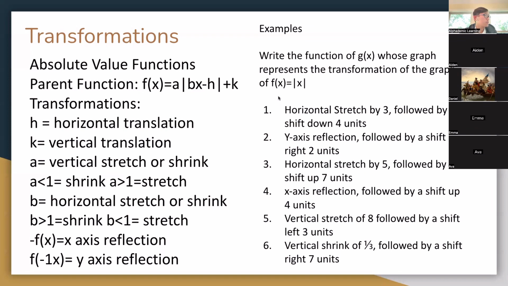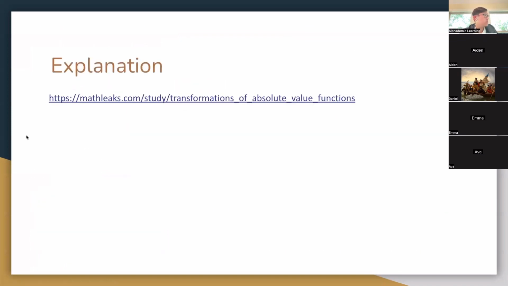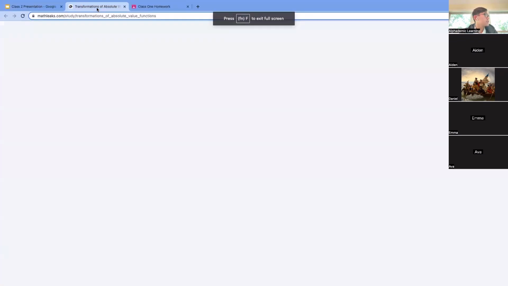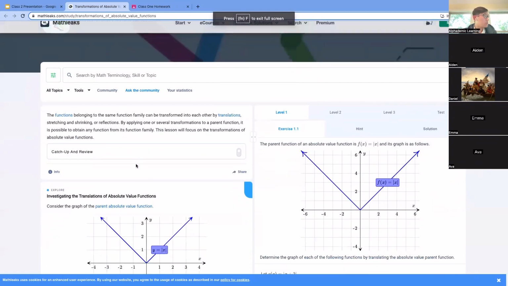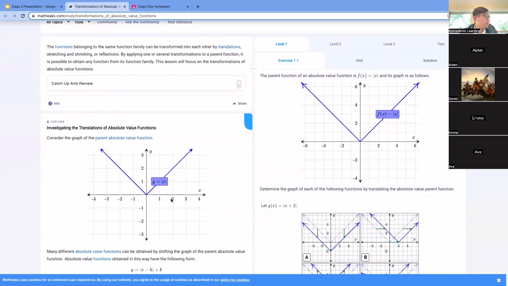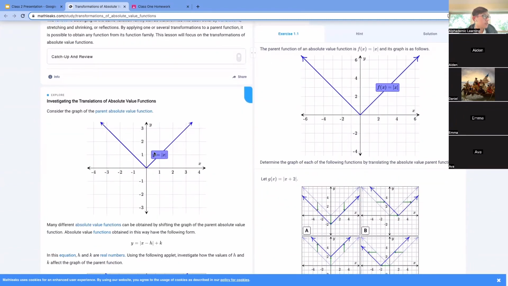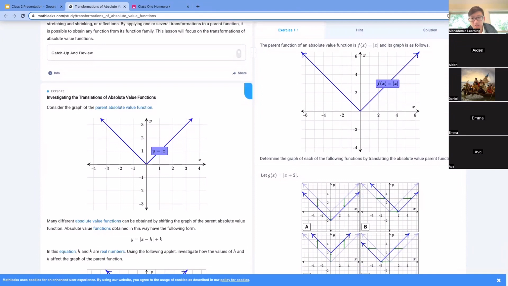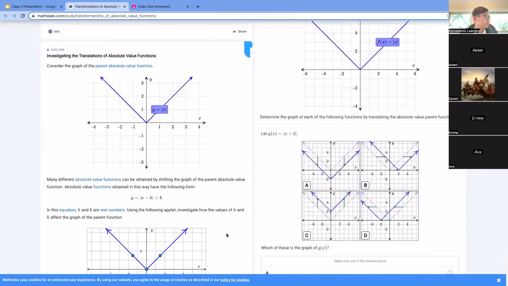Now I'm just going to skip ahead to the explanation of this because it's a bit hard to draw. We're going to be basing it off of this function right here, y equals absolute value of x. Y can also be f of x. Those two are interchangeable in this case.